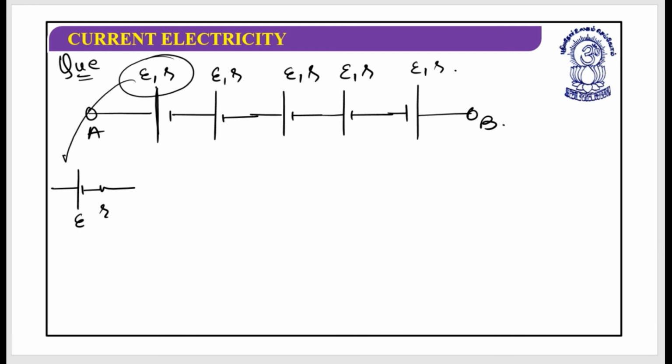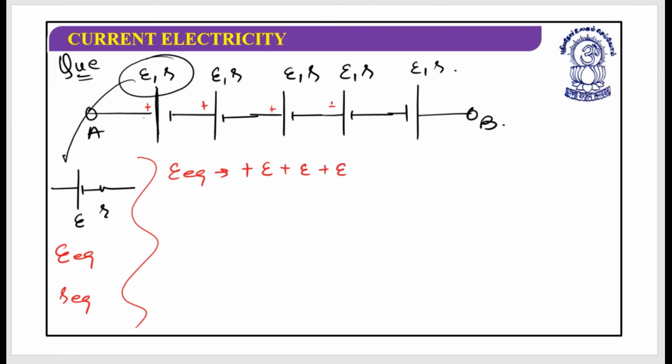I am interested in two things again: E equivalent and R equivalent. How could I calculate E equivalent first? This is plus E, this is plus E, because negative has been connected with the positive.